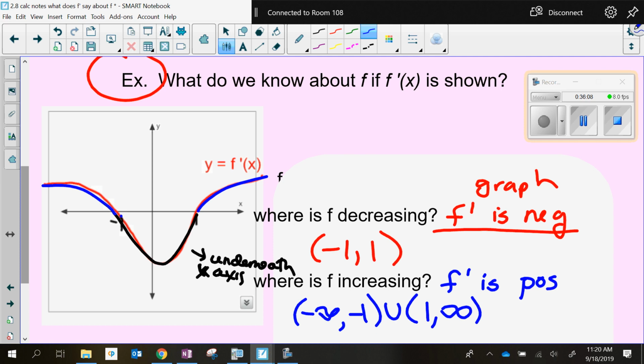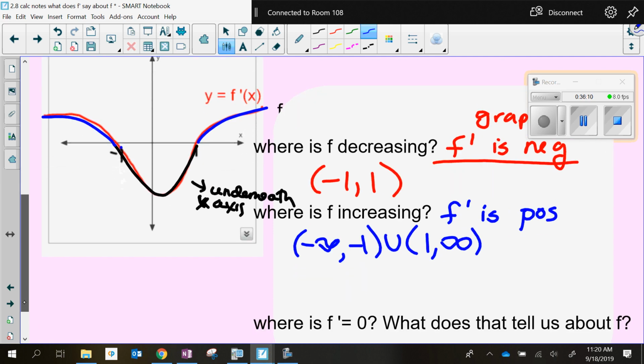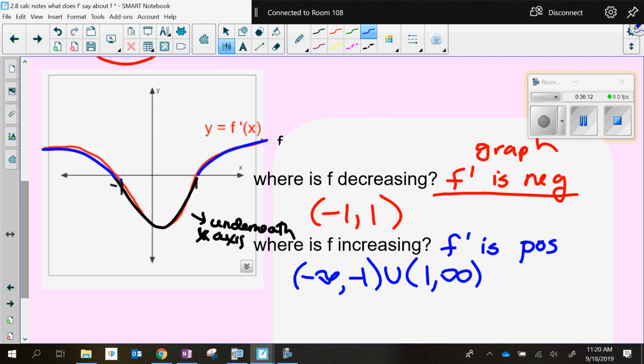Knowing that, do we have a local max? Let me write positive, negative, negative, positive, where it crosses over.